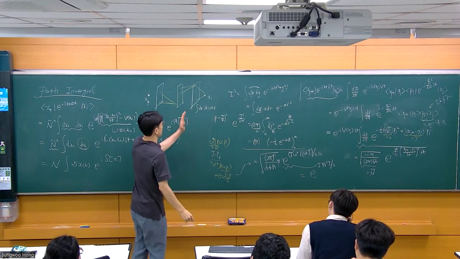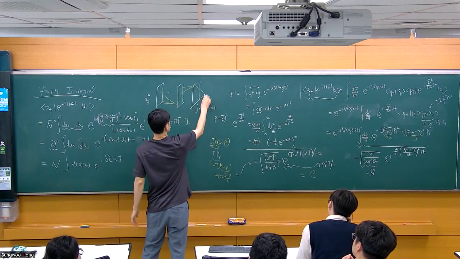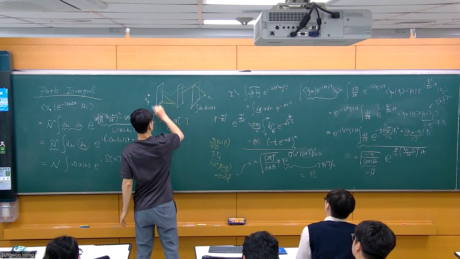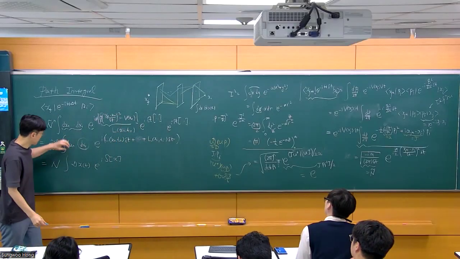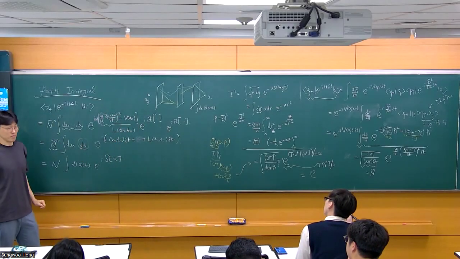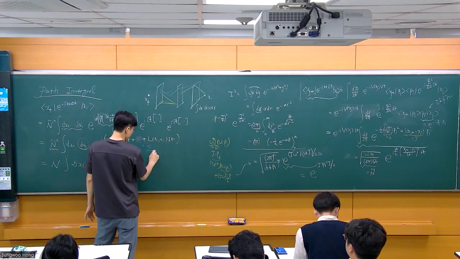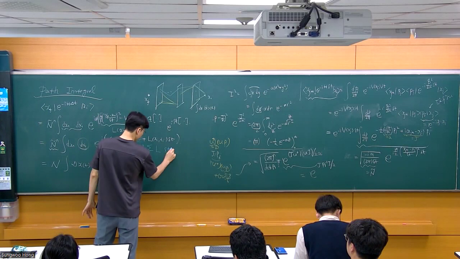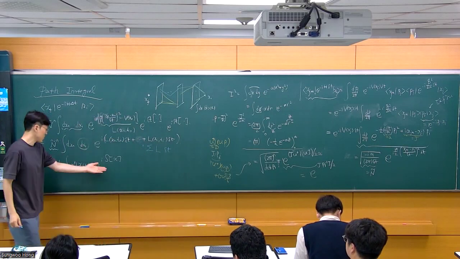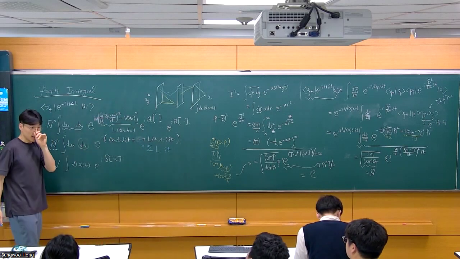Either you read this as summing that way, or you can just read this as a summing of all possible paths. So therefore, I just rewrote this into this form. And this is literally the sum, if you want, of L dt, which in the continuum version is nothing but this integral, which is the action.